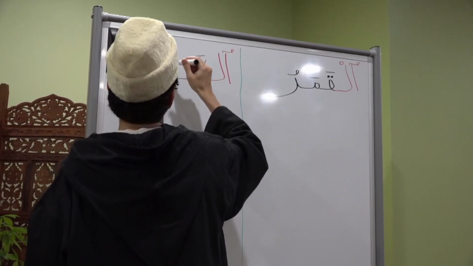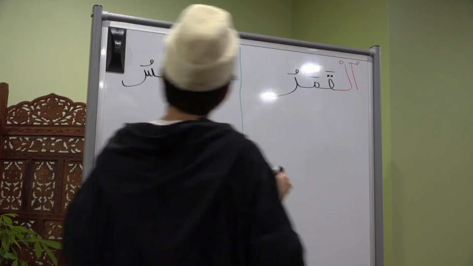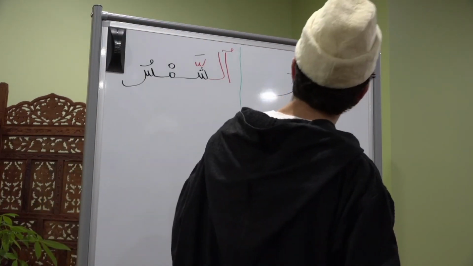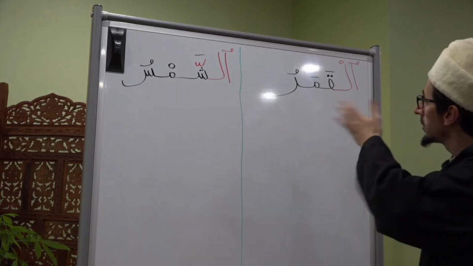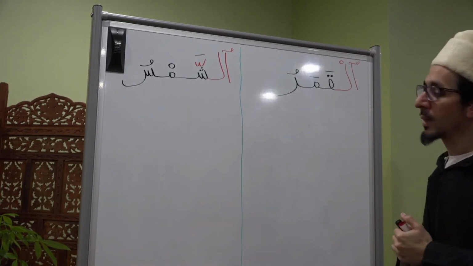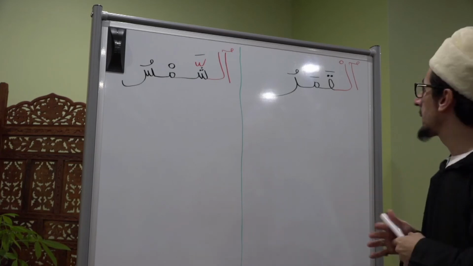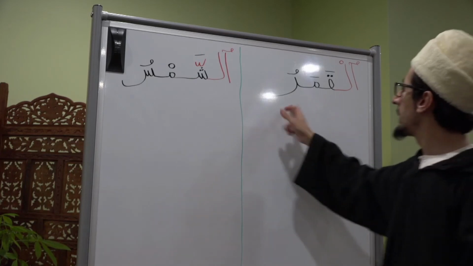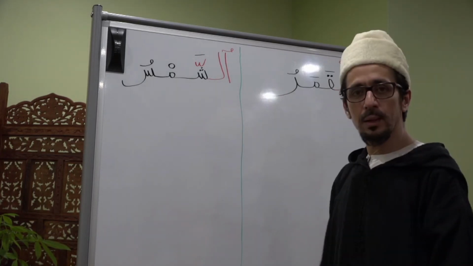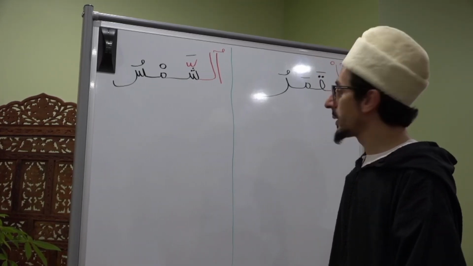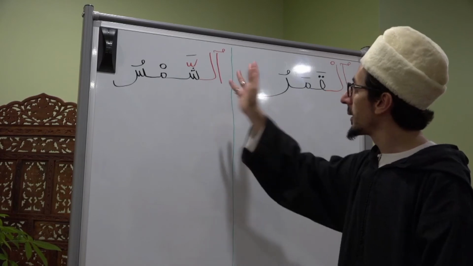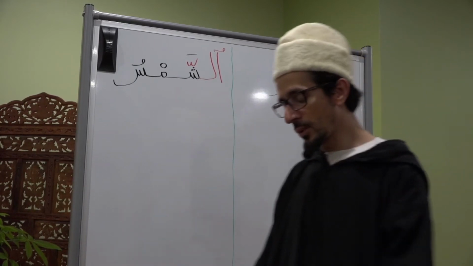Again, you might have studied this already. I hope so. If so, this is a revision. If not, you are studying it now. So Al-Qamaru, Ash-Shamsu, and then we are going to have a list of words that follow the moon and a list of words that follow the sun.